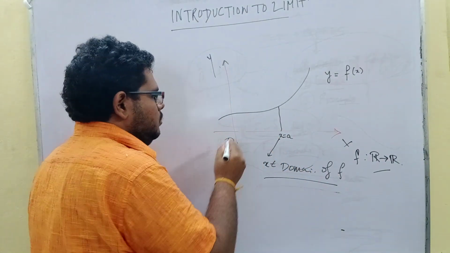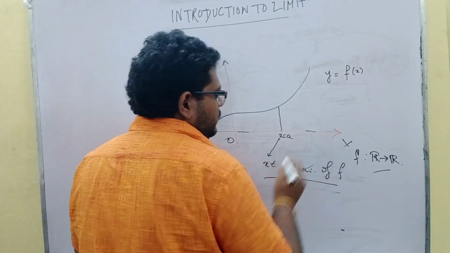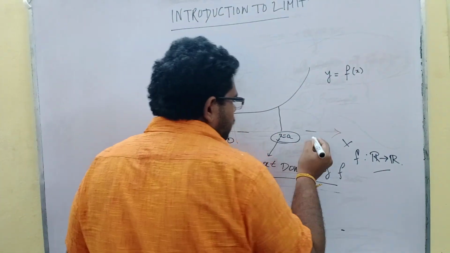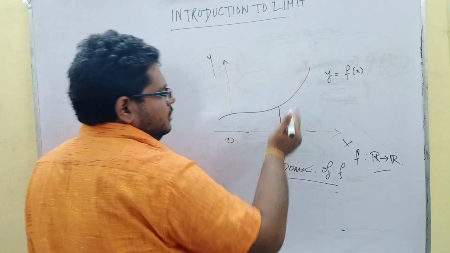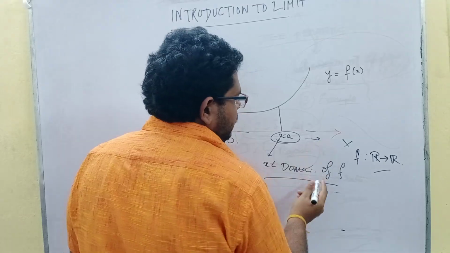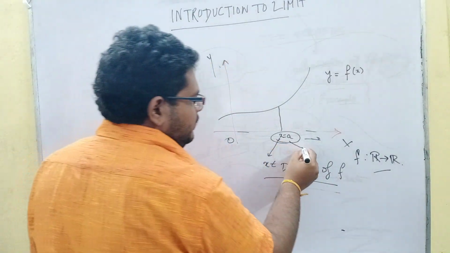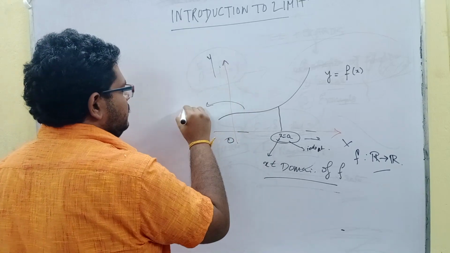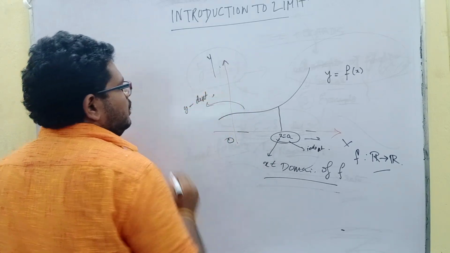So what we will do now is, if I take a value x equals a in the domain of this function, this is the x-axis, the independent variable, and this one is the y-axis, the dependent variable.